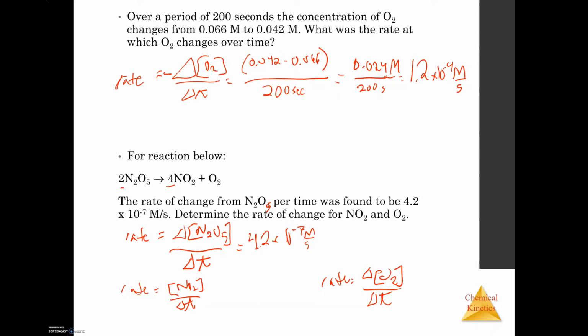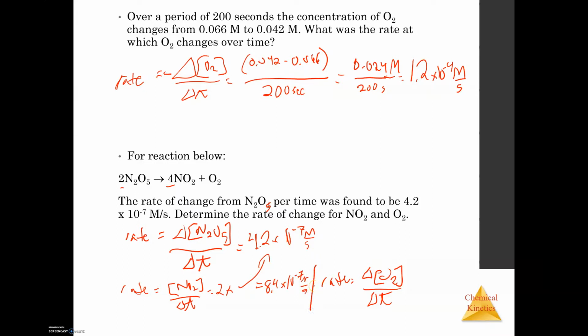And so we know the rate for the change of N2O5. That means that the rate of change of NO2 is going to be 2 times that. So we would take 2 times this value here. And keep in mind, that's the stoichiometry there, because you're producing 2 moles for every mole you start off with of N2O5. And so you're going to multiply it by 2. And so that ends up being 8.4 times 10 to the minus 7 molar per second.